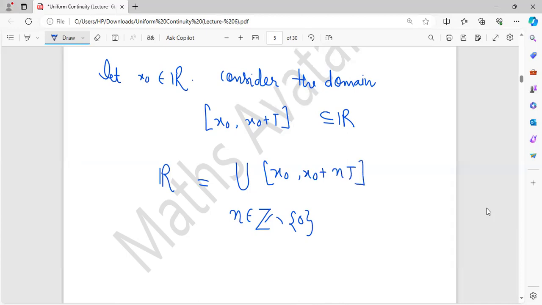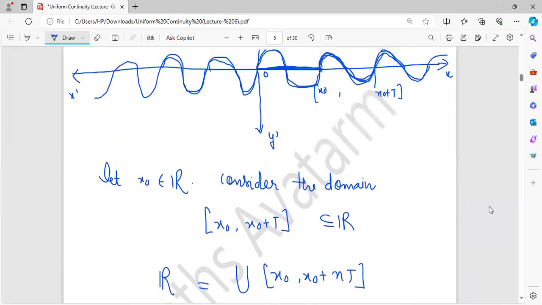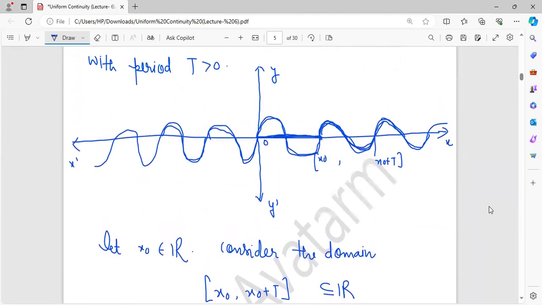If I am taking n positive, it means the interval is in increasing direction. If I am taking n negative, it is in decreasing direction. So R I can write like this. Now you see that in this domain my function is characterized.